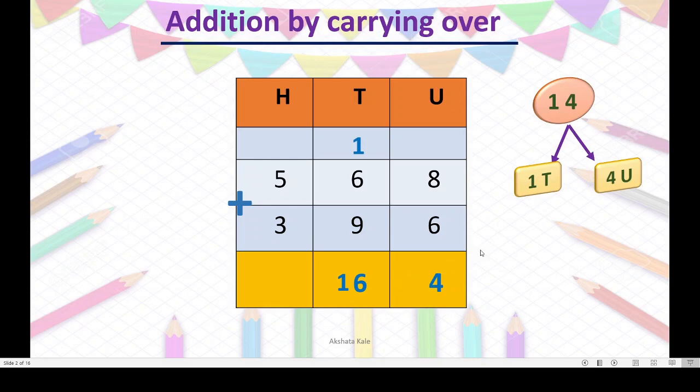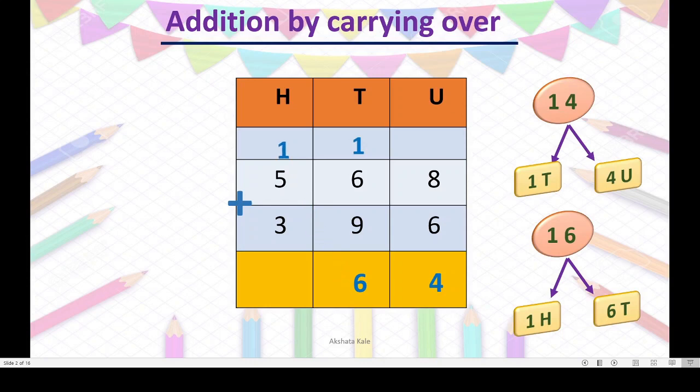In 16 tens, what is that? Here 6 tens and 100. Am I right? See here 6 is tens and 1 is hundred. So 1 we will take to the hundreds place. It is carried over to the hundreds place. Now 1 plus 5 plus 3.